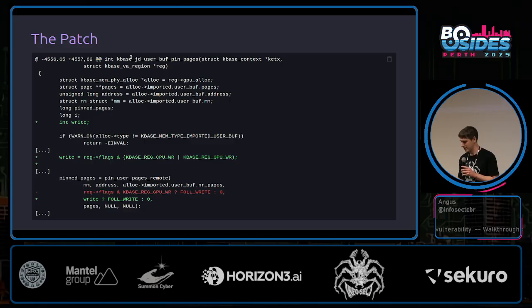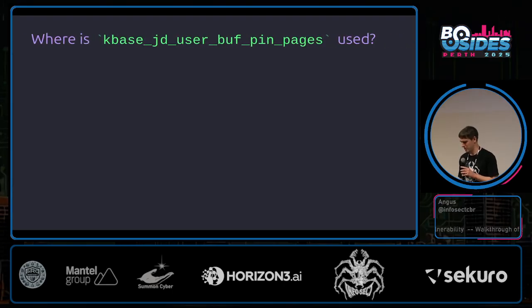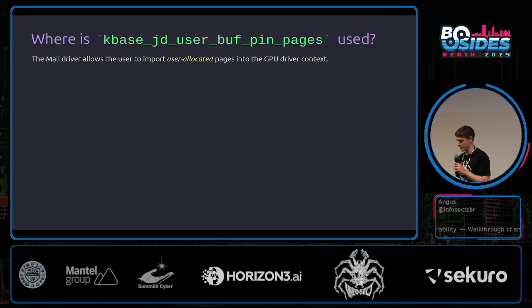What is this kbase_jd_user_buf_pin_pages function, and what does it actually do? So this is all related to a part of the Mali driver that's used for importing memory into the GPU driver. Say the user already has some memory that they've allocated, and they want to import that into the GPU driver so they can do useful stuff with it.